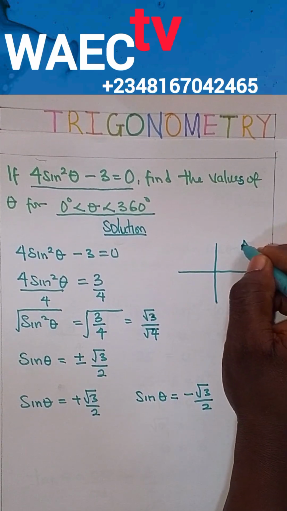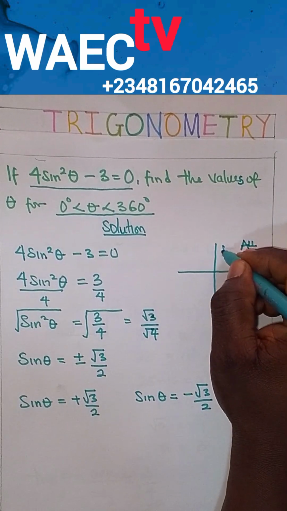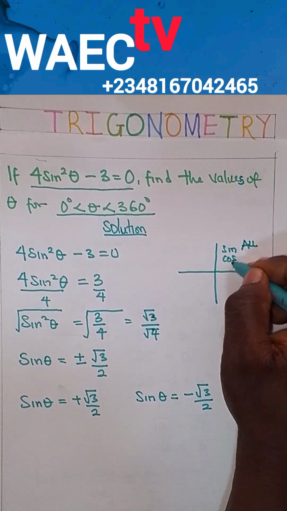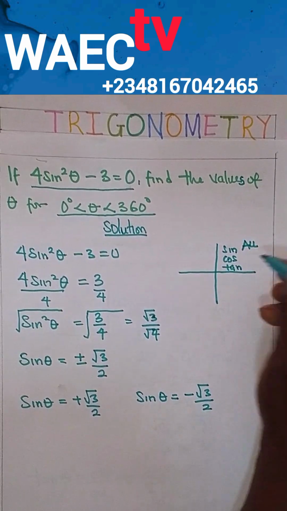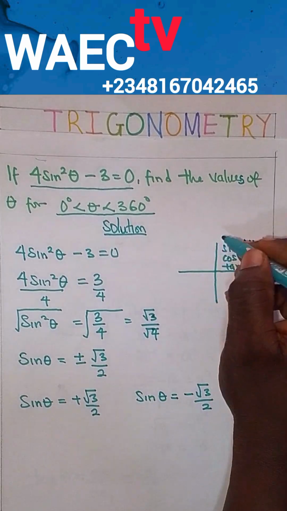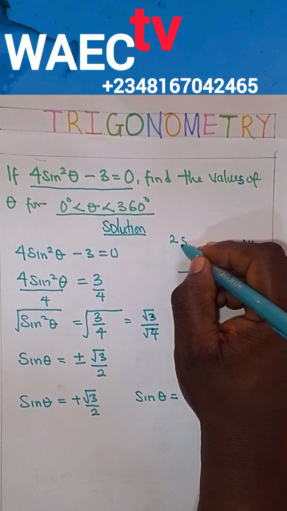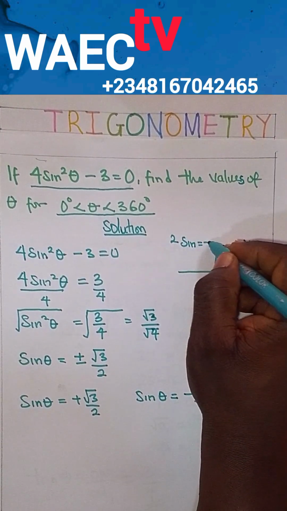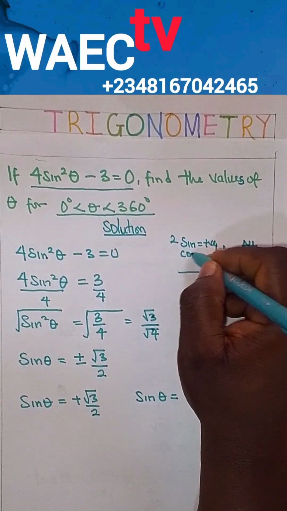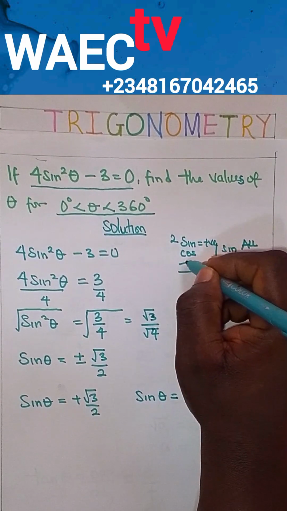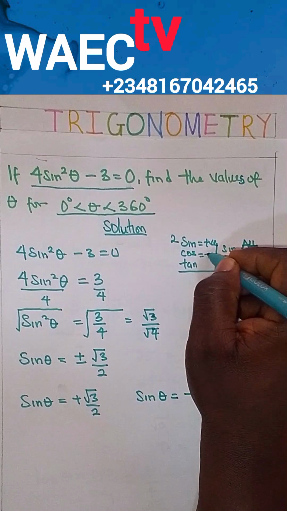The first quadrant is ALL, where we have sine, cos, and tan of an angle all positive. This is the second quadrant, where only sine is positive, cos and tan are negative.